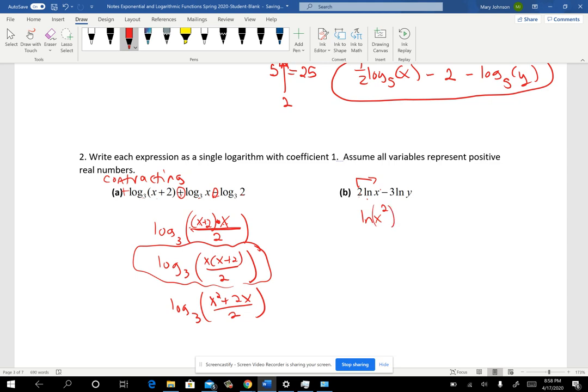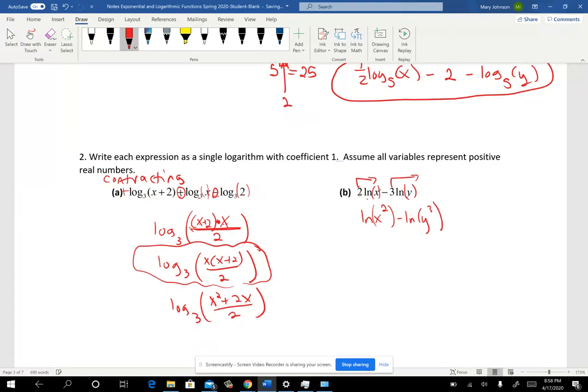And I don't know why, but textbooks typically leave off these parentheses, but you really need them in your mind because I want you realizing that's function notation. ln of x is this: 2 times the ln of x is the same as ln of x squared. Bring the 3 back up.